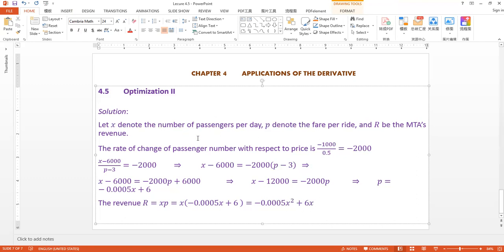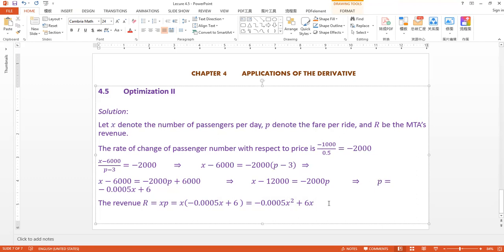First, it has to be positive. That's the number of passengers per day. But it also has a maximum number, and that's because when you increase the price, the number of passengers will drop. So at some point, if we increase the price more and more, you're going to get 0 passengers. There will be no passenger. So there is a number that x cannot be more than. That can be determined from this equation also.